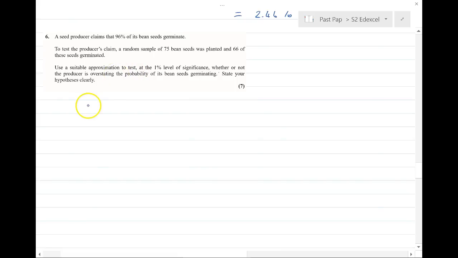So the first thing here is that because the probability is so high, it might be better to think of it the other way around.